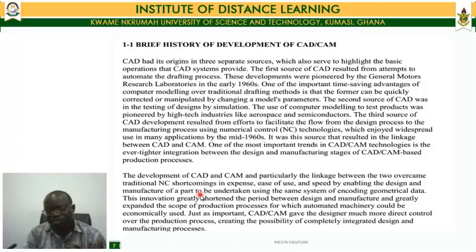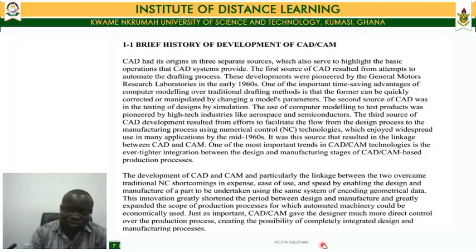So that speed, by enabling design and manufacturing of a part to be undertaken using the same system, was very important, and it actually shortened the period between design and manufacture, and it actually also expanded the scope of production process for which automated machinery could be economically used.